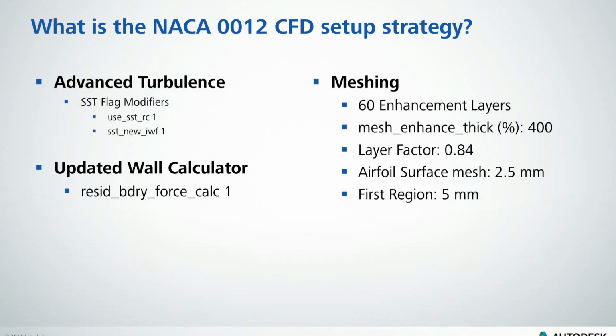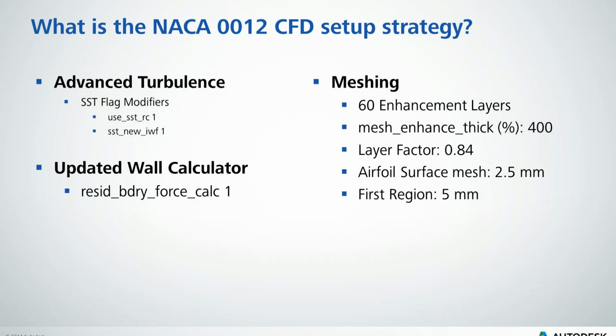Within the advanced turbulence, if you noticed the forum post, I mentioned two flags: use SST RC and SST new IWF. We'll enable those. You'll also use the updated wall calculator. This was released a couple releases ago, and this is a newer form of the boundary force calculation that is considered more accurate, especially for wall forces.